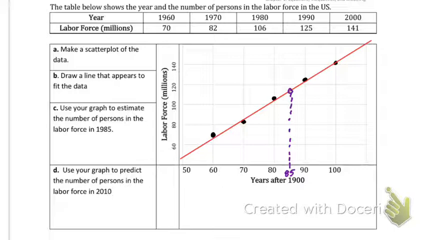And in fact, I'm going to come across here. And so 85 matches up with, I don't know, that looks like it's more than 110, maybe 112, 113. I'm going to go ahead and pick 112. I think that's what I said at the other class. So I picked 112. And don't forget, it actually is million.